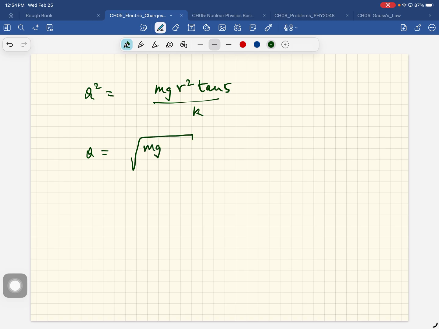So this is 10 to the minus 12. The square root of that becomes 10 to the minus 6.